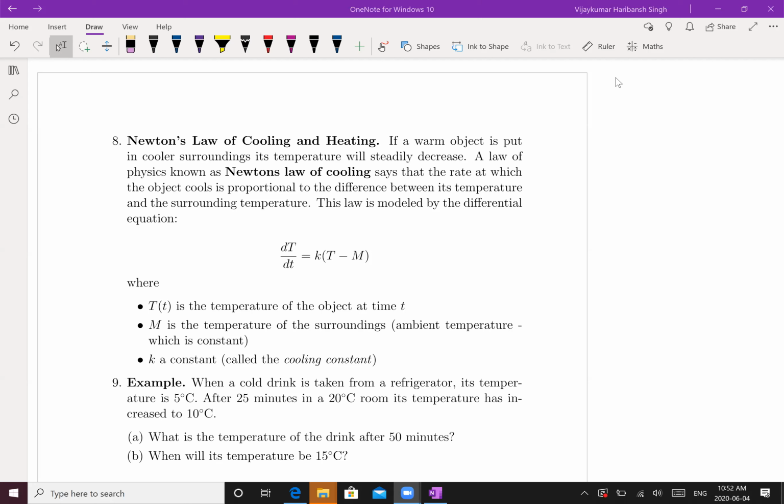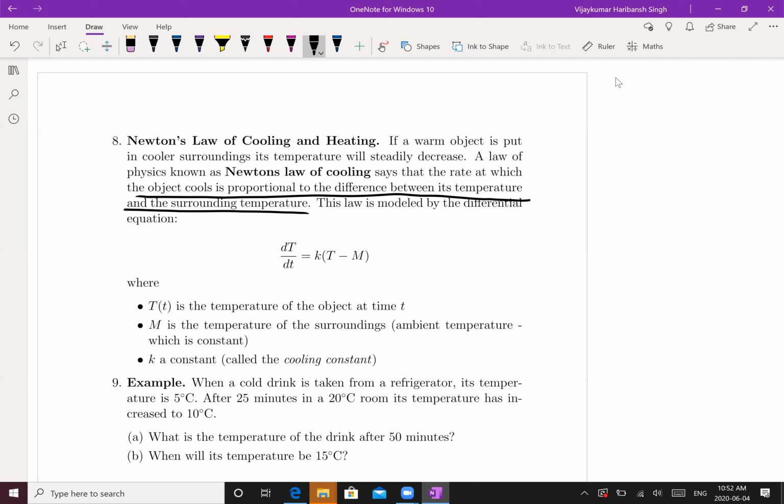So what does Newton's law of cooling say? It says that the rate at which the object cools down is proportional to the difference of its temperature and the surrounding temperature. So it is proportional to the difference of temperatures between the object and the surroundings, right?